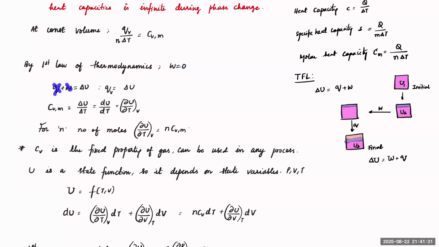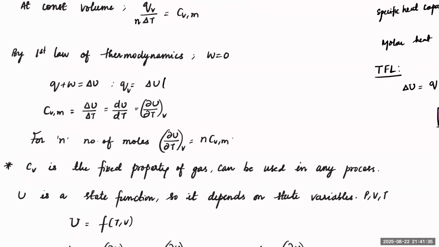So Q plus W is equal to delta U at constant volume. At constant volume, QV is equal to delta U. QV is equal to delta U. And you know what heat capacity is, which is equal to delta U by delta T. And delta U by delta T can be written as dU by dT, or since you are operating at constant volume, I can write it as dU by dT at constant volume.